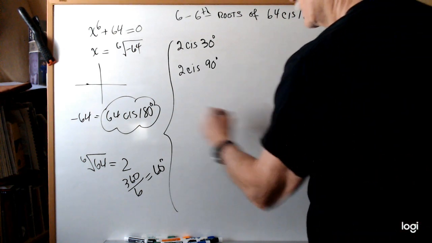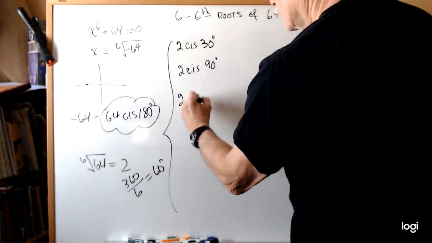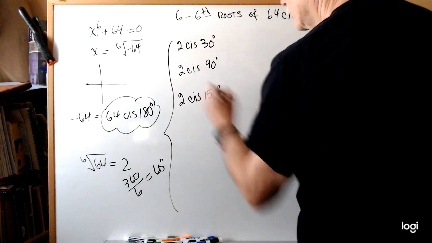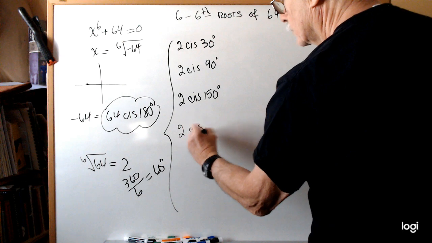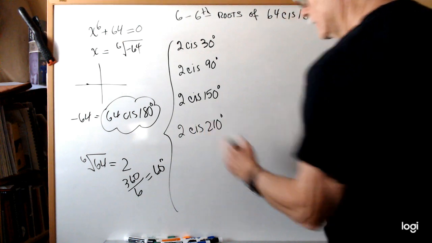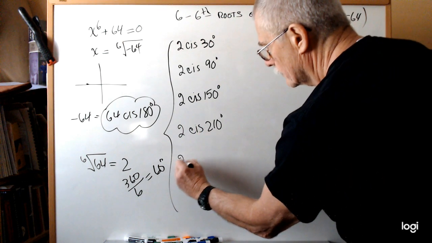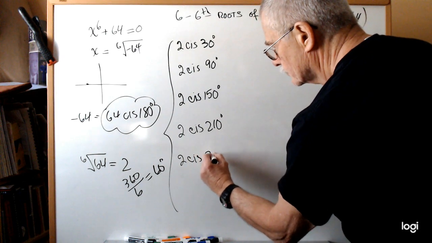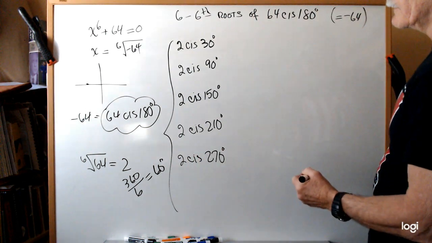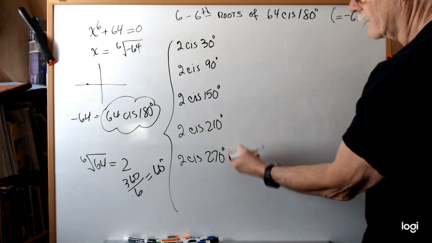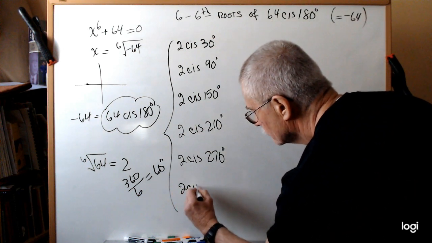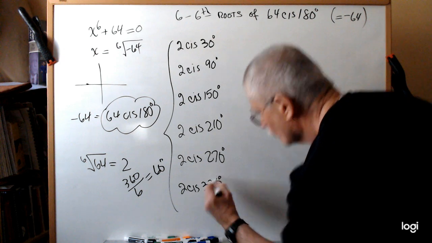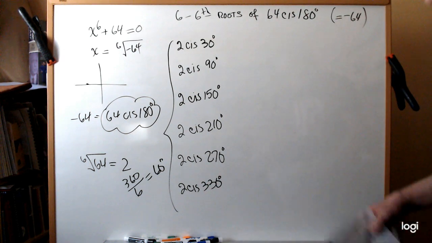I add 60 onto this, 2 cis 150. I add 60, 2 cis 210. I add 60, 2 cis 270. And finally, 1, 2, 3, 4, 5, 6. I add 60 onto this for 2 cis 330. Okay, so those are the 6 roots.